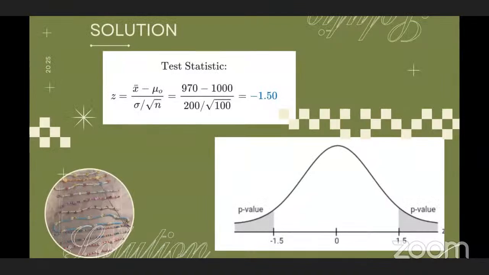Next we are going to use the formula for the known population. The test statistic is Z equals X bar minus mu, divided by sigma divided by the square root of n, and we get 970 minus 1000, divided by 200 divided by the square root of 100, which is equal to minus 1.50.